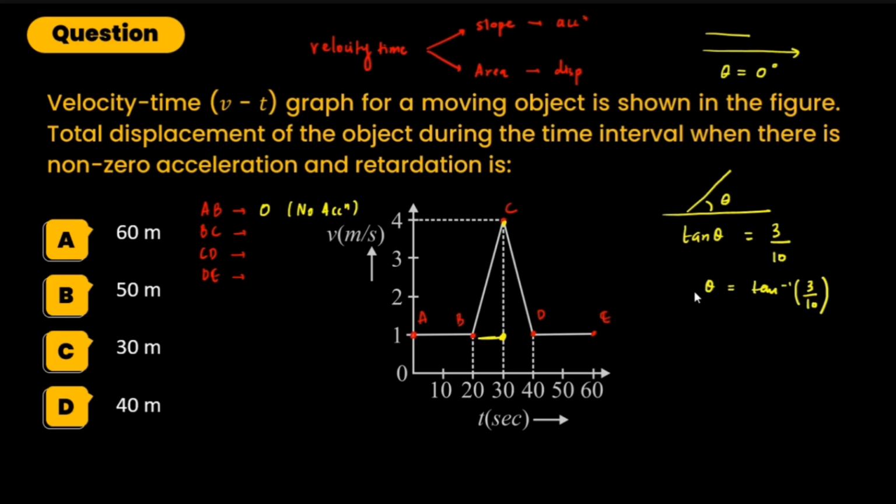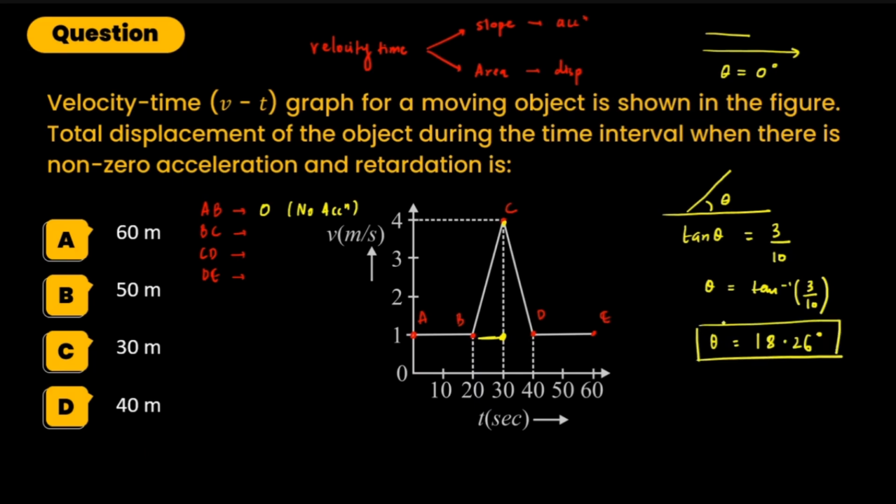It's 0.291. You might put it in degrees or radians. If you write it in degrees, it is going to be 18.26 degrees.